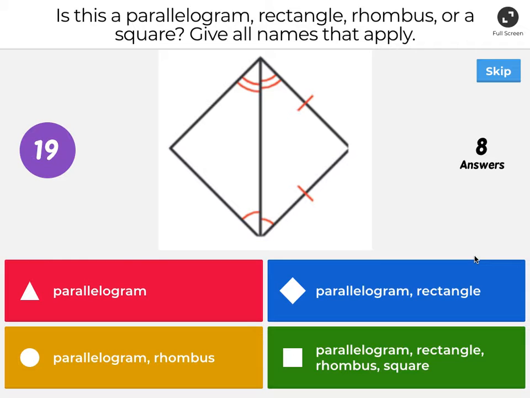Okay, so if all of these sides are congruent, then I know it's got to be, well, I think I put the wrong answer to this one, but if all the sides are congruent, then I know that it must be a rhombus, right?